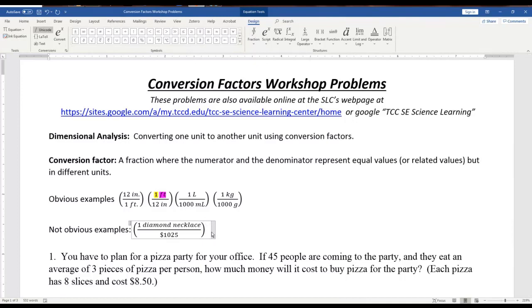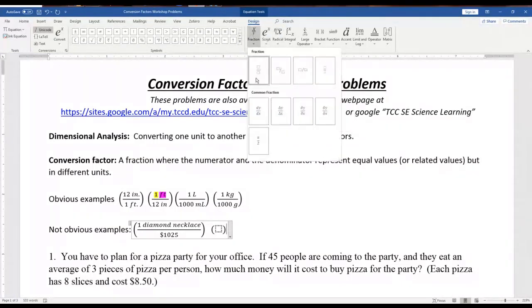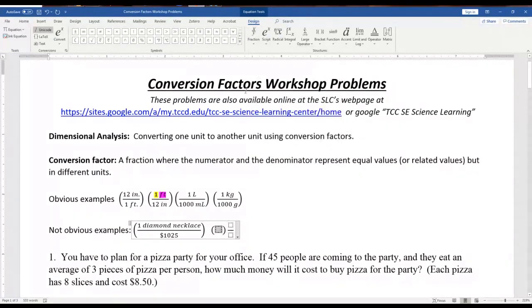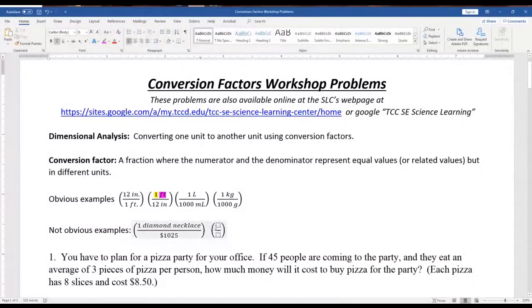What are some other not obvious conversion factors? How about density? That's one that you'll use a lot. Let's say you have a density of 2.54 grams per milliliter.